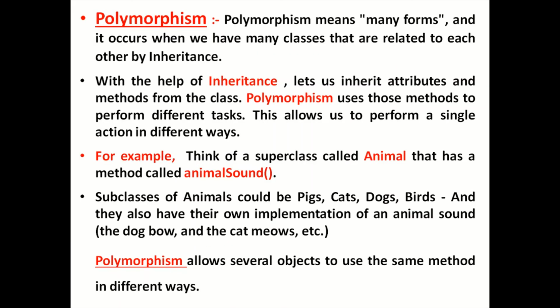Coming to another important feature, which is polymorphism. Polymorphism means many forms, and it occurs when we have many classes that are related to each other by inheritance. When we create a number of classes, that time polymorphism is considered with the help of inheritance.